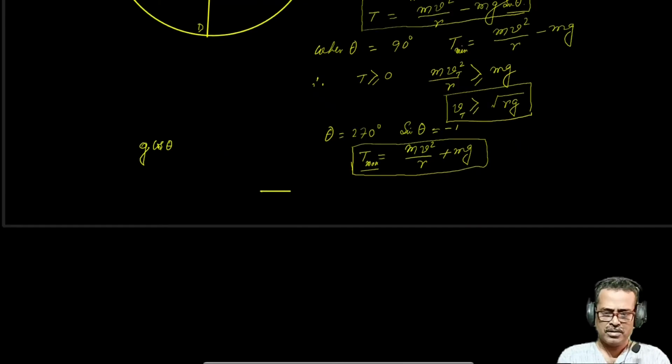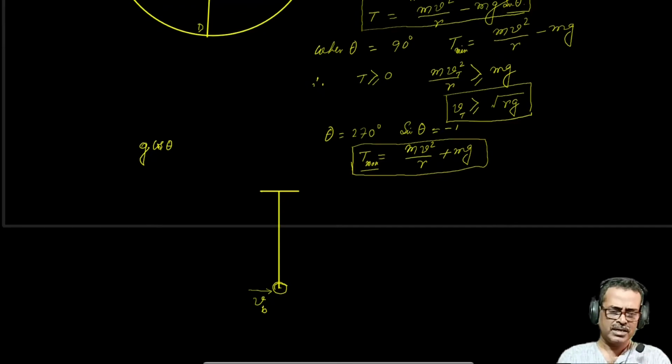Now, suppose a pendulum or any object hanging from a fixed point, and at the bottommost position a velocity is imparted along the tangent direction to the body.